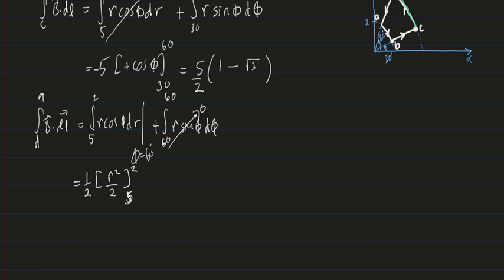So in this case I have 1 over 2 times 1 over 2 minus 25 over 2, and in this case I have minus 24 over 4.